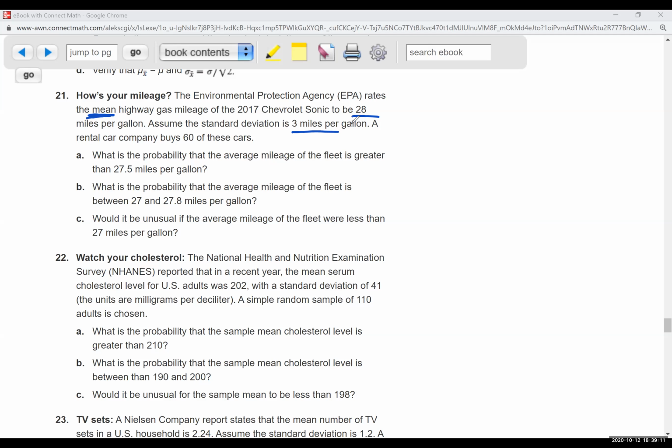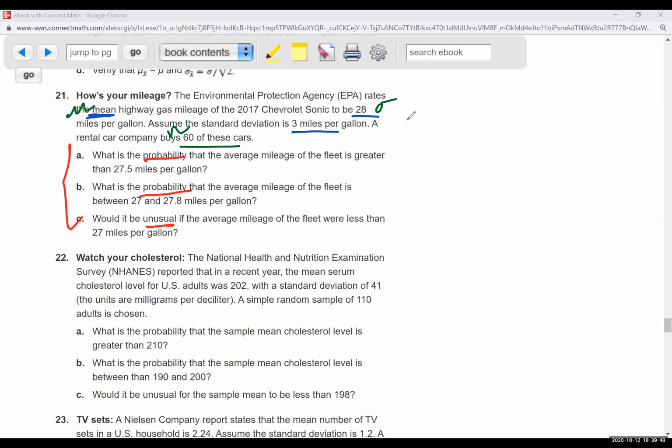A car rental company buys 60 of these cars. So you have here the mean, the standard deviation, and n is equal to 60. Letter A, what is the probability? Letter B, what is the probability? Letter C, would it be unusual?